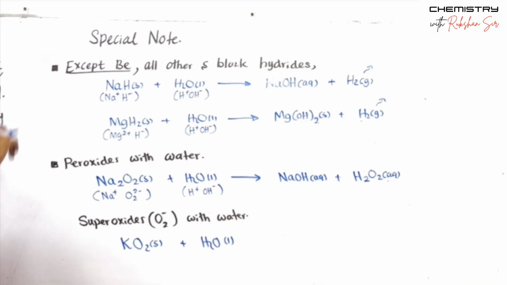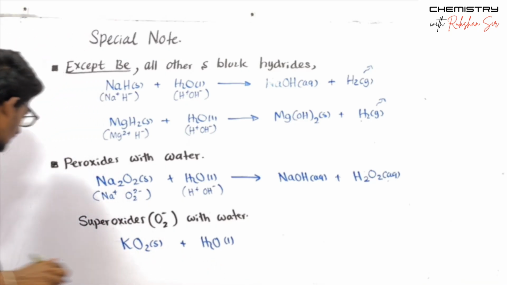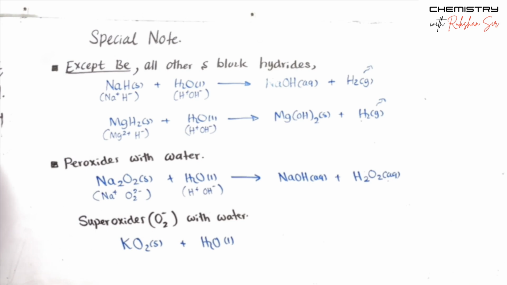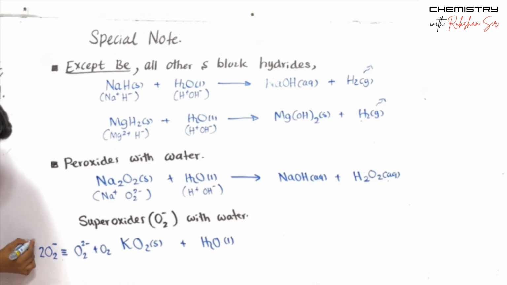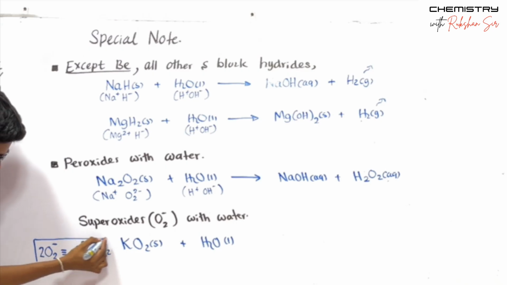The idea is this. We could think of superoxides, O2 minus, actually two particles of superoxide, as a combination of a peroxide and O2 gas.